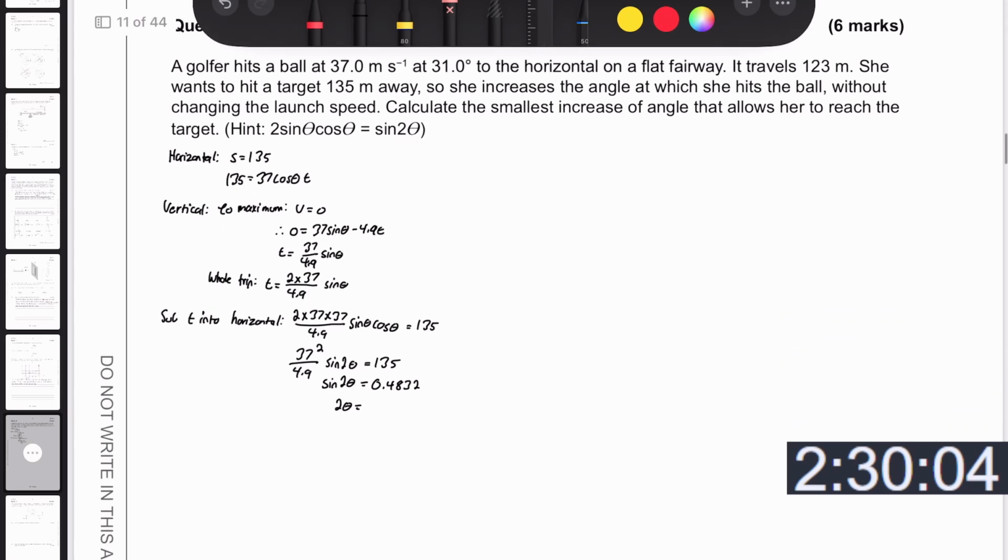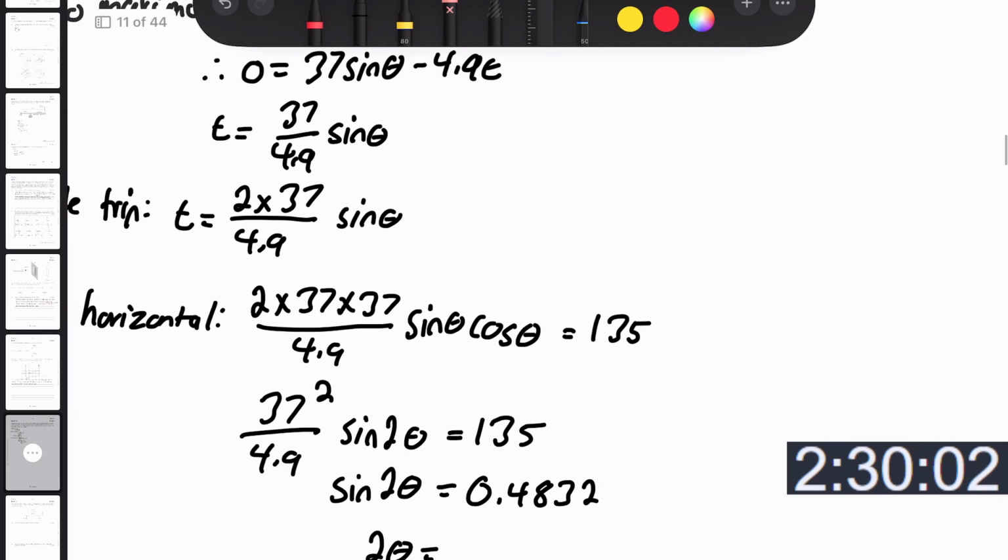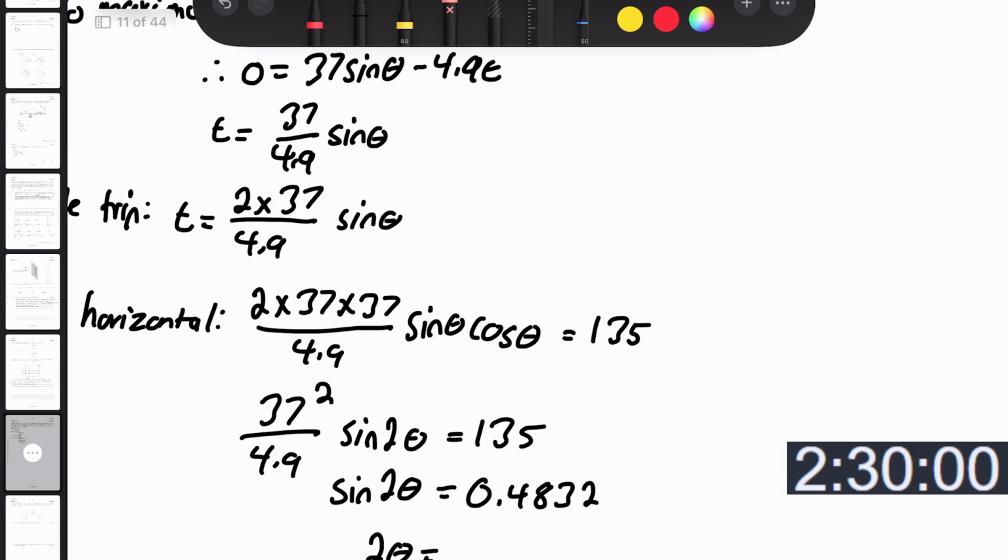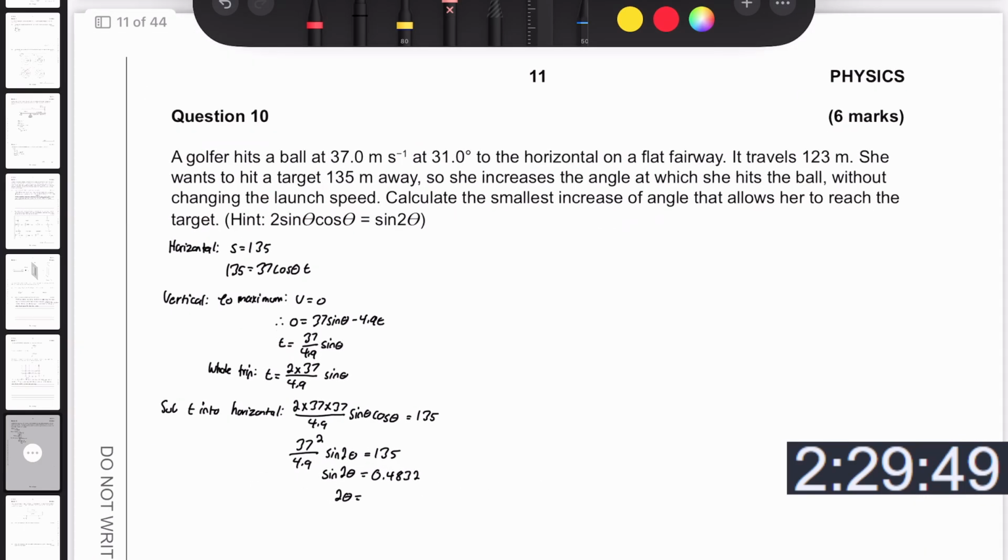I did something wrong, because I get this: inverse sine of this is 28.89. If I divide that by 2, theta is going to be less than 30.